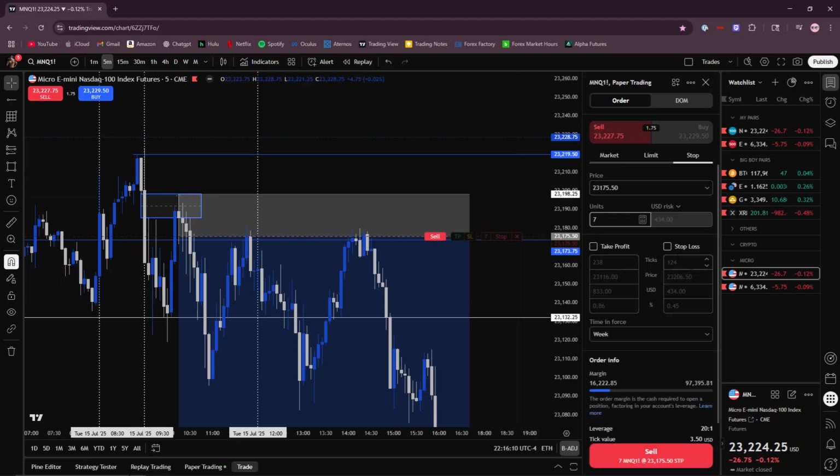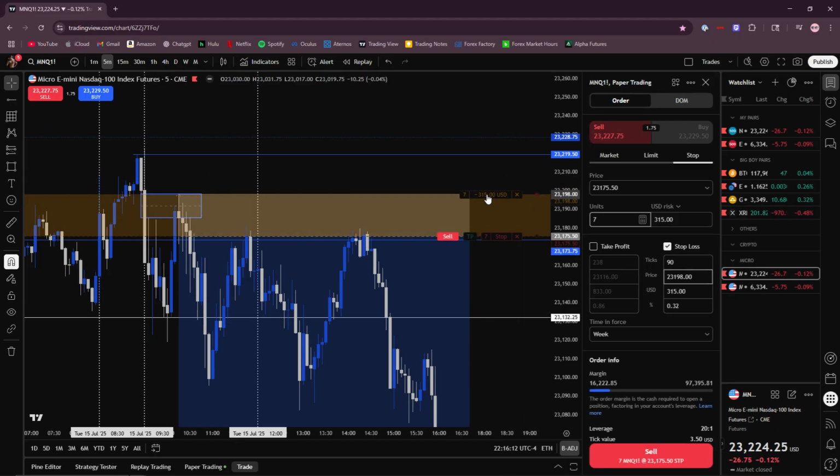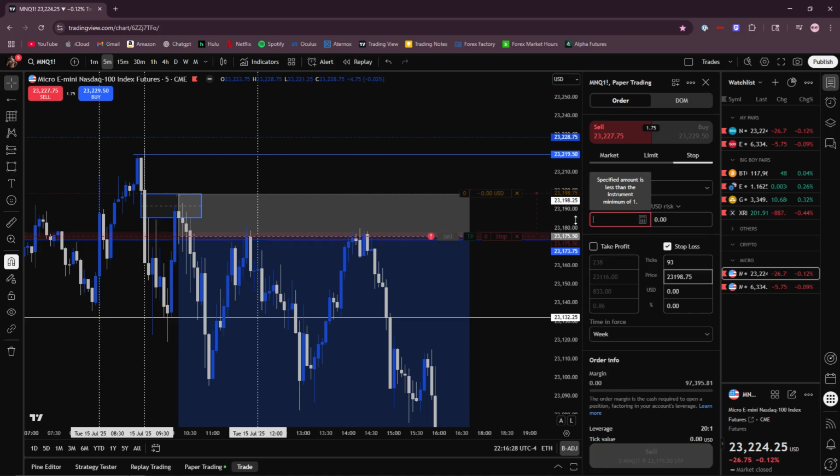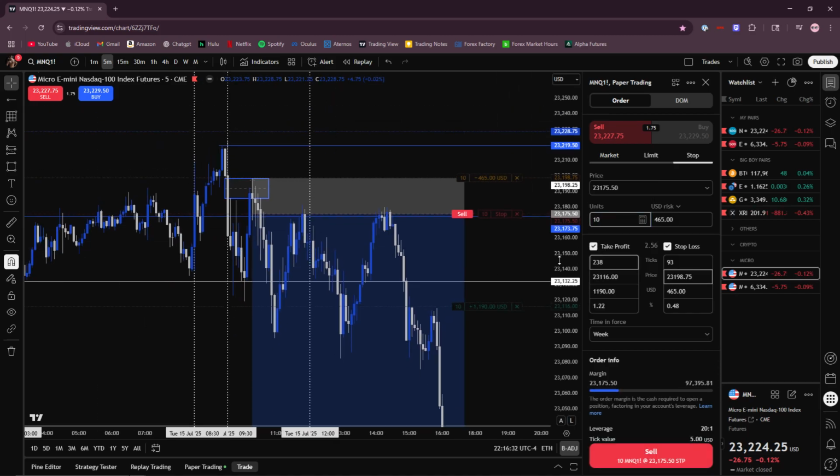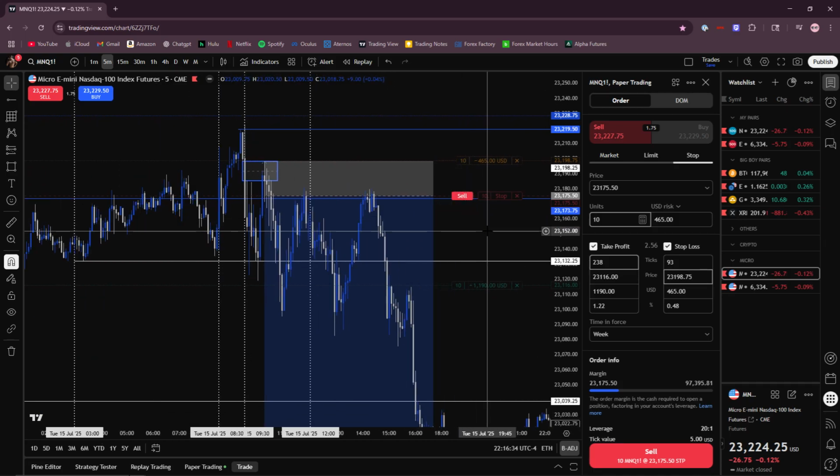So short position, stop loss. This is a risky trade. Should I put less on this? No, realistically, at this point in time, I wouldn't have risked any less. So let's just do a normal risk, just up to about 1%.